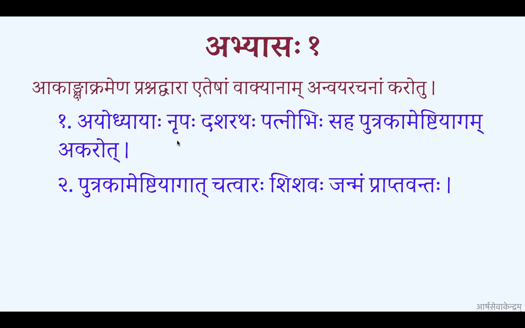For a padam to be considered a Visheshanam, it has to be in all 3 lingas. This exists only in Pullinga. So the relationship between these two is called Uddeshya Vidheya Bhavaha.